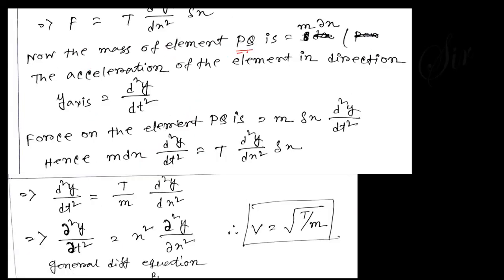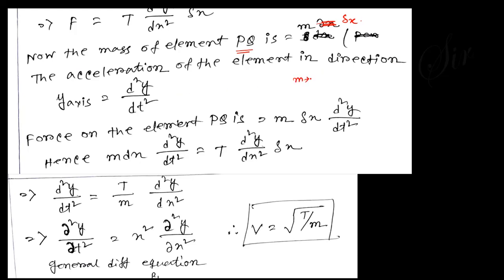Now the mass of the element PQ will be m delta x. This is not del x, this is delta x. m is the mass per unit length.